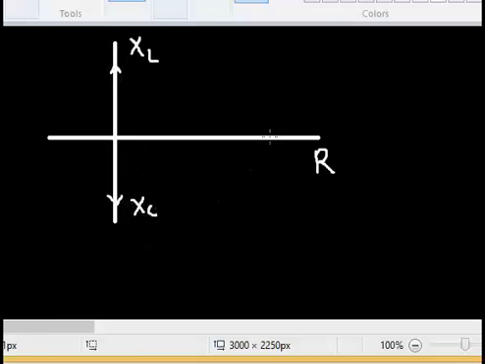So this is the diagram that represents these three components: inductive reactance, capacitive reactance, and resistor.